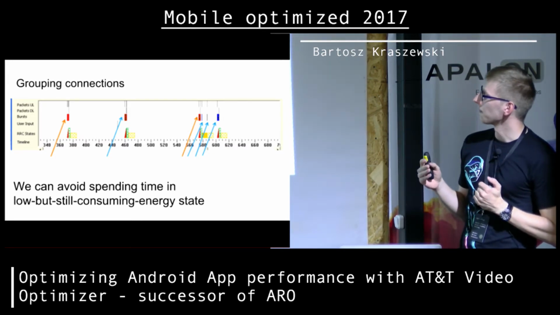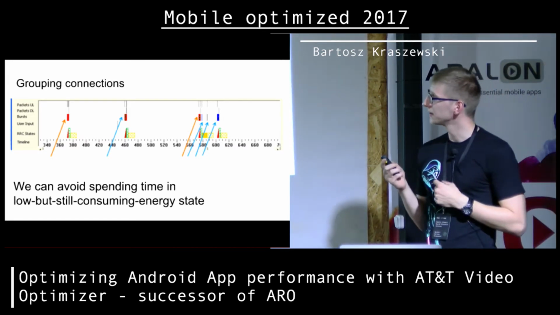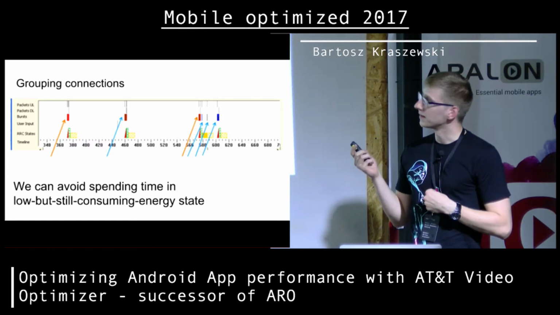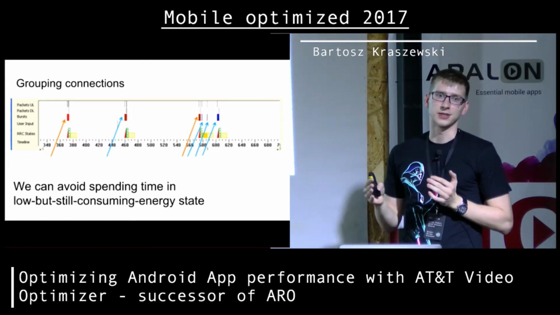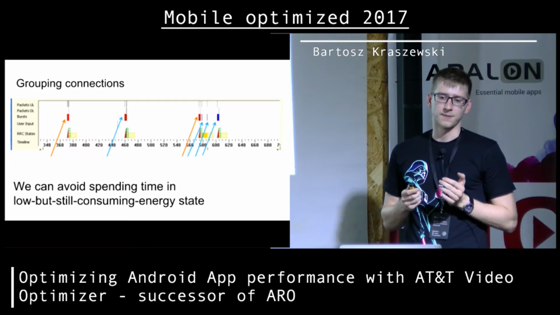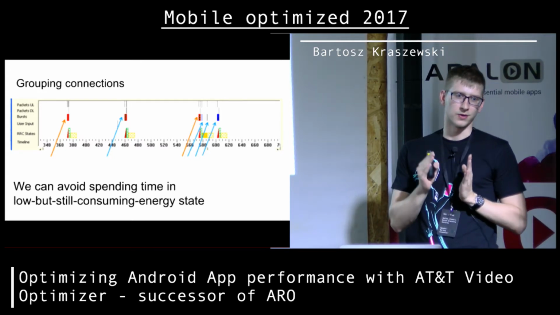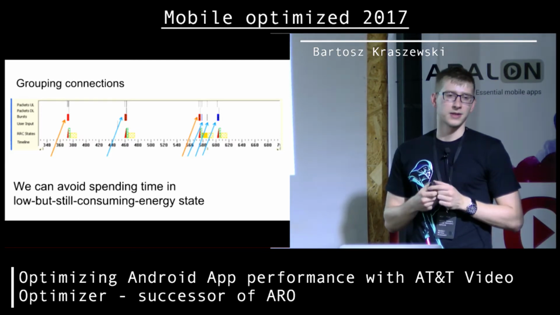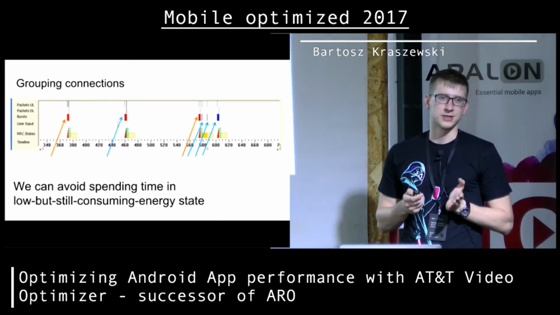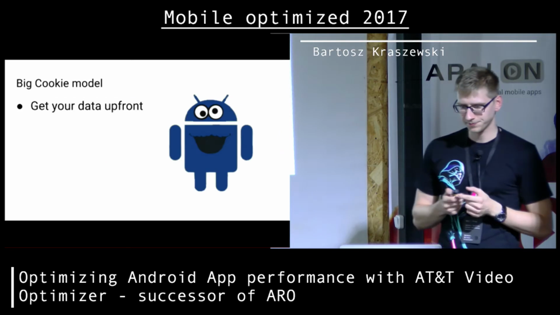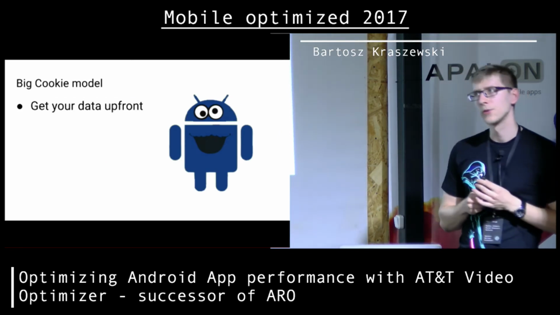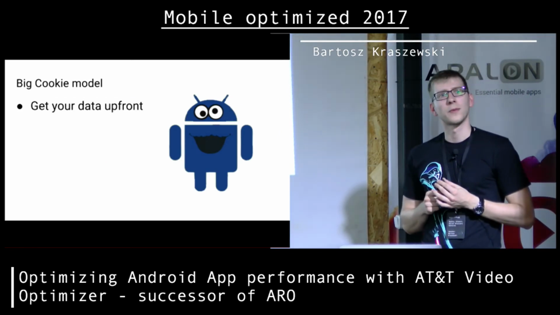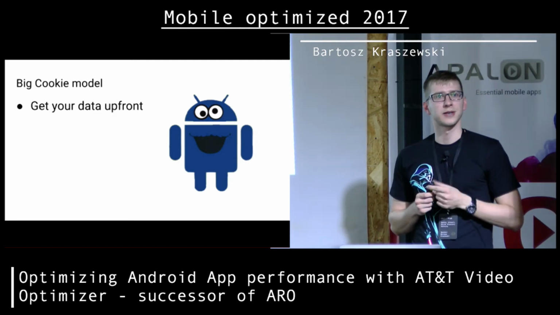And this could be avoided because every time there's a delay between changing a state. So if we could make it at the very beginning, we download all the data up front, the application won't have to change this state so often. If you are familiar with Google Developers on YouTube, there's a great channel for it.